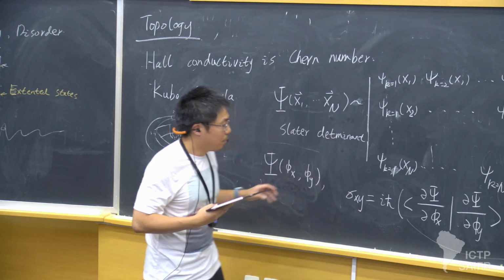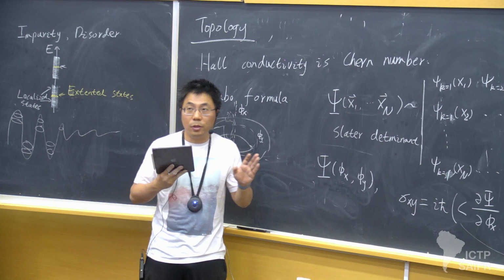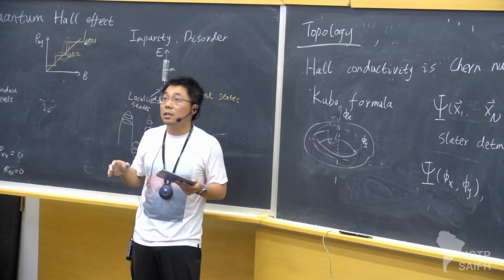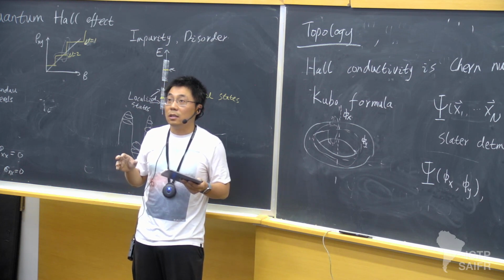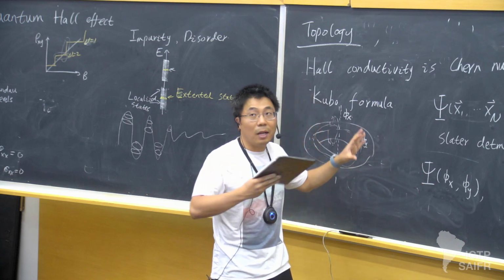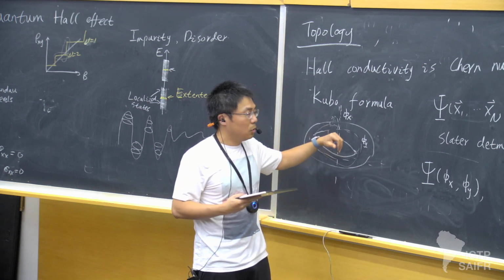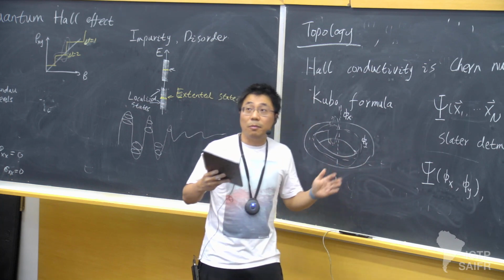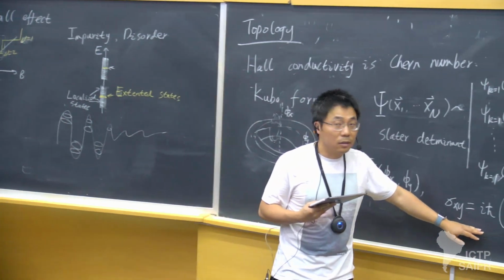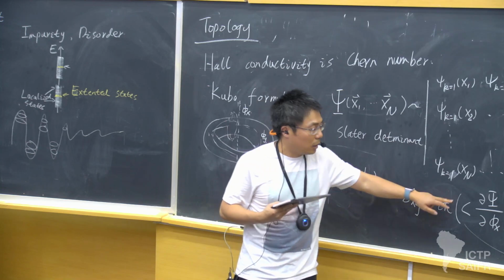But the discussion here applies to any situation, including the clean case, as well as the disorder case, or you can add interactions to it. It's a pretty formal setup: I have some Hamiltonian defined on a torus, then I add flux in two directions, I get some flux-dependent Hamiltonians, and then just using this, I can compute the conductivity using a Kubo formula, and it turns out to be this, right?